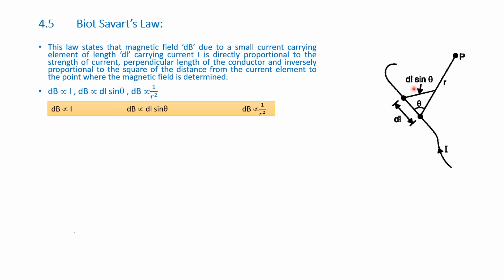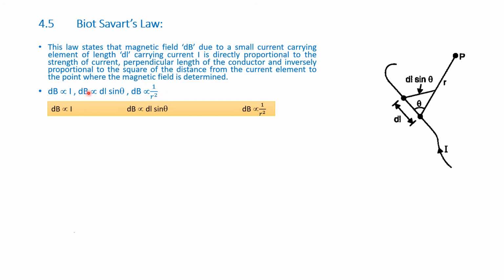So, writing it in terms of equations, dB is proportional to the current I, that is, magnetic field is proportional to the current. dB is also proportional to the current element dl sin theta, and dB is inversely proportional to 1 by r square.